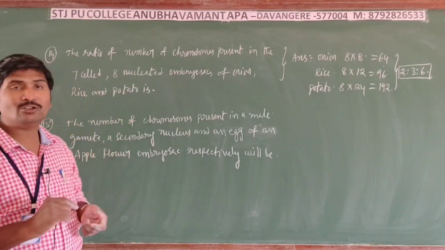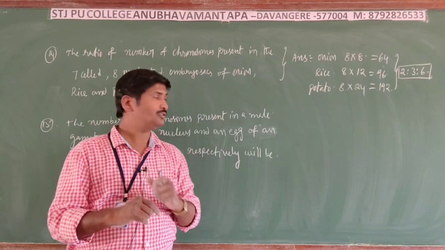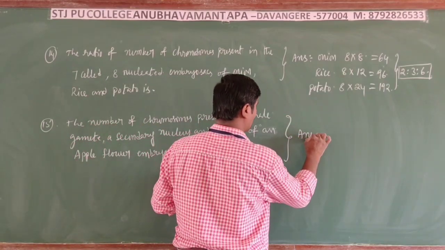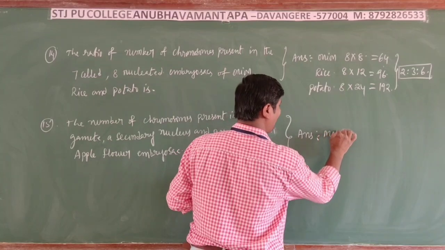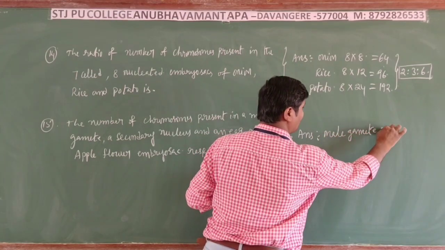In an apple, the total number of chromosomes is 34 diploid. Now tell. The male gamete is haploid, n.